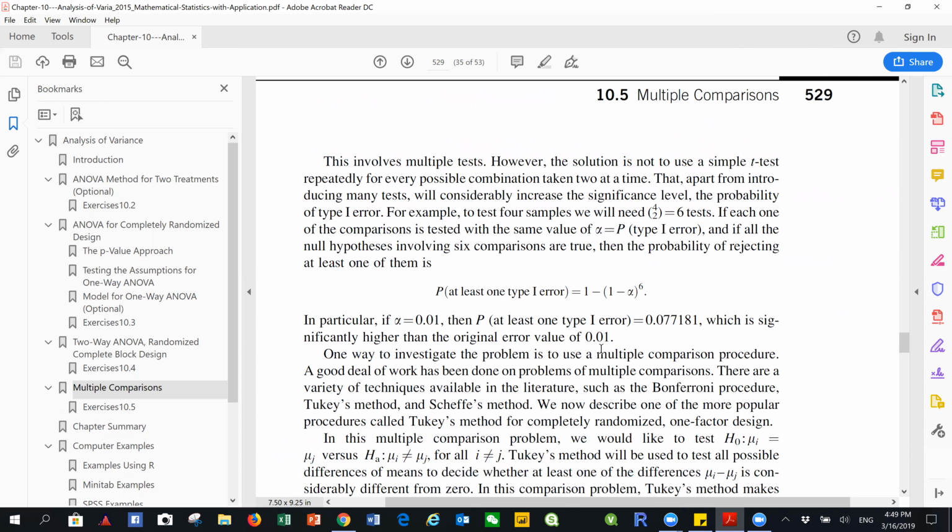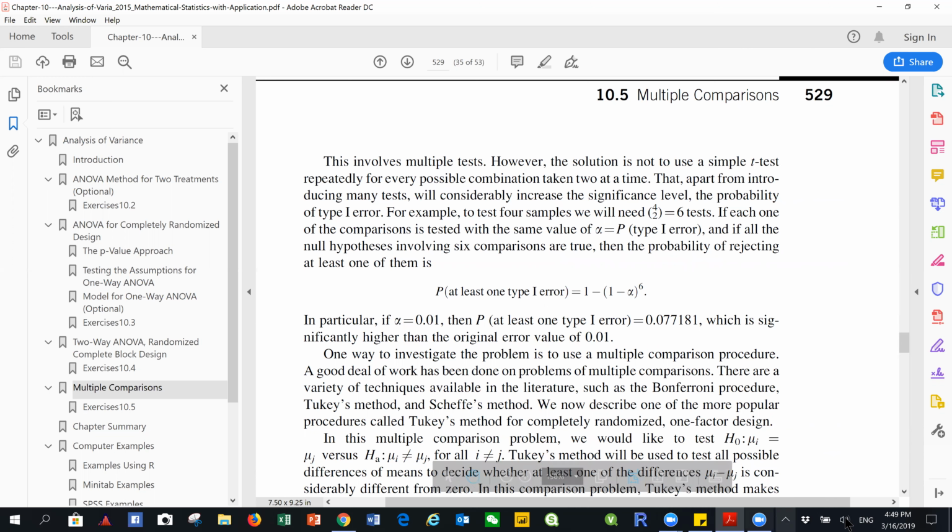And so there are two shortcomings. When you use the t-test multiple times, you will inflate your type 1 error. On the other hand, if you only use ANOVA, then you don't know the rank. Of course, the box plot will help.